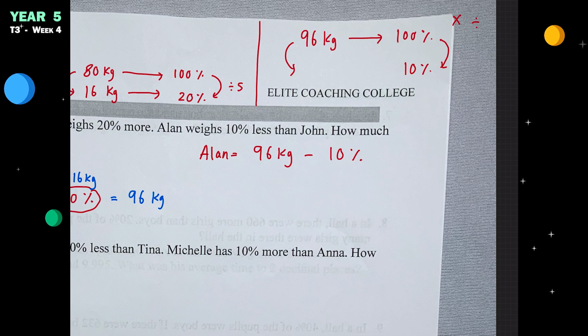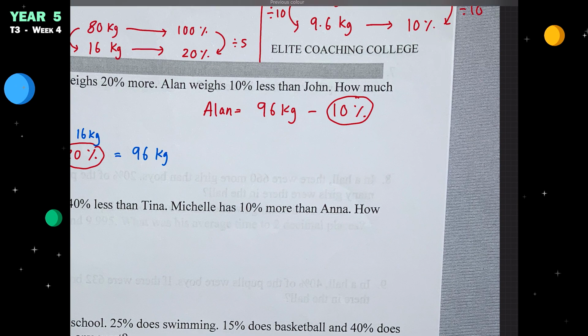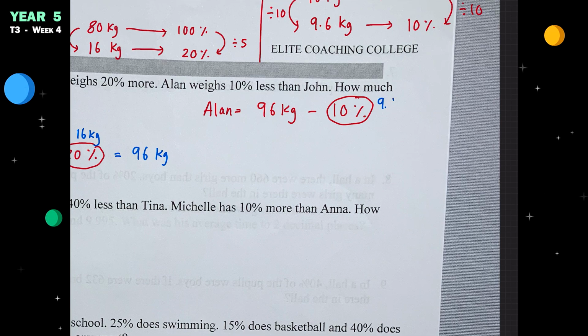From 100 to 10, you have to divide by 10, because 100% divided by 10 is 10%. So you have to do the same thing to this side here, which gives 9.6 kilograms. So when they say 10% less, what they mean is 9.6 kilograms less.